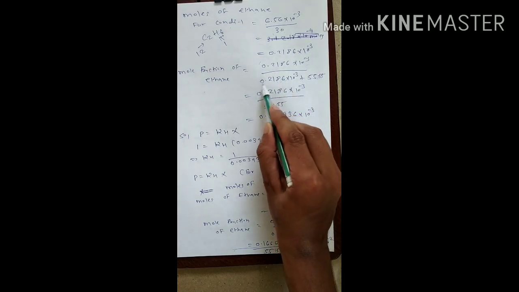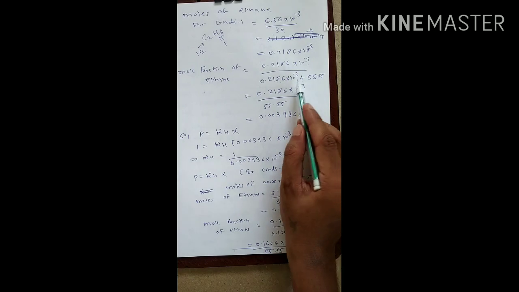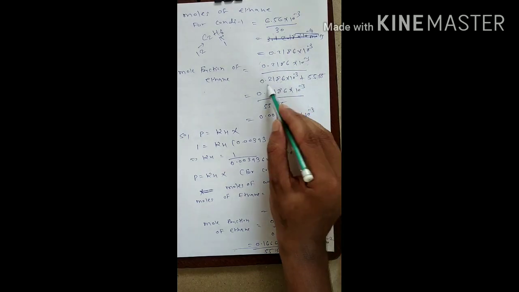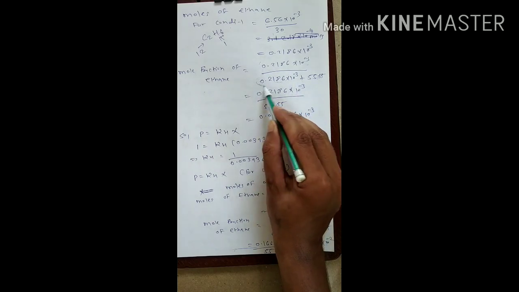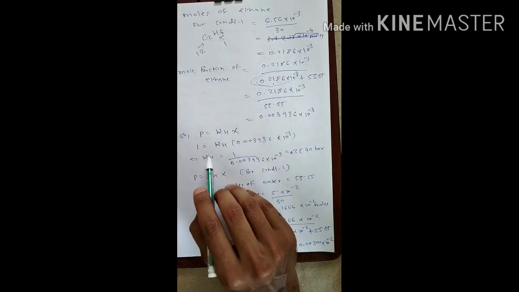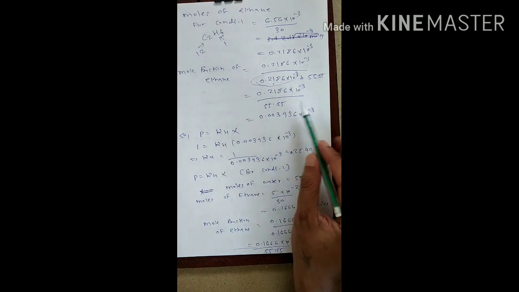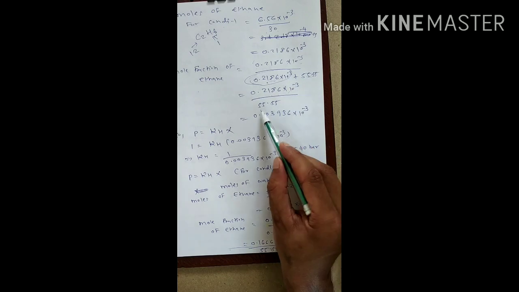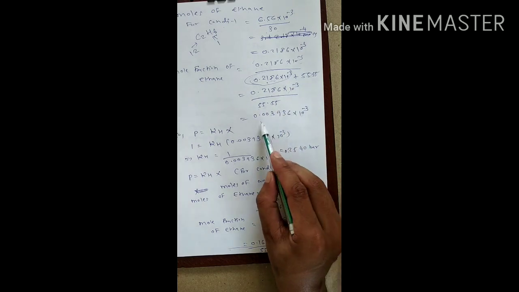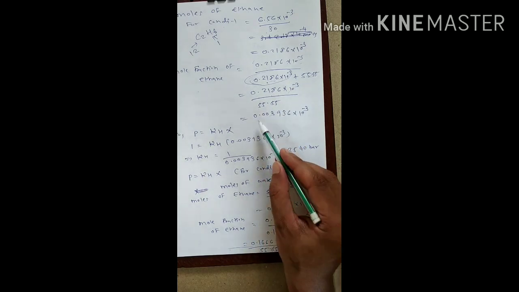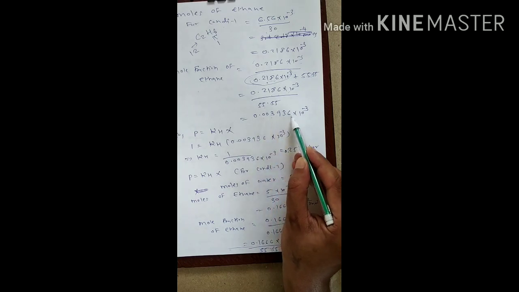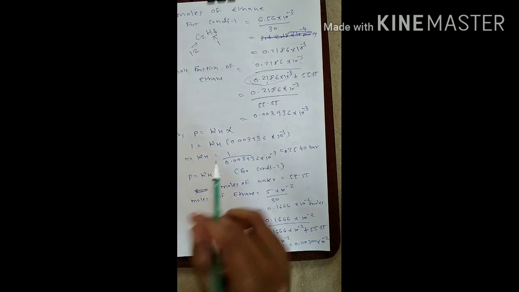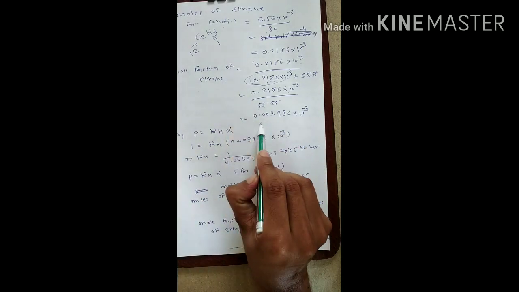This value 0.2186 into 10 raised to minus 3 is very much less than 55.55, so I am neglecting this value. So what you will get is 0.2186 into 10 raised to minus 3 divided by 55.55. By this division you will get the value 0.003936 into 10 raised to minus 3. So we get the mole fraction here.